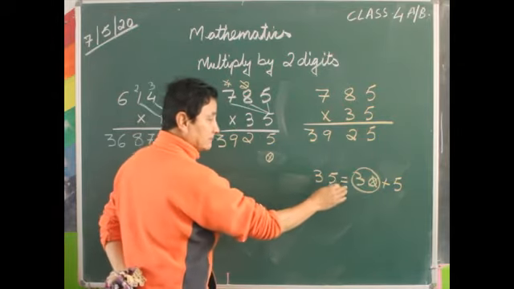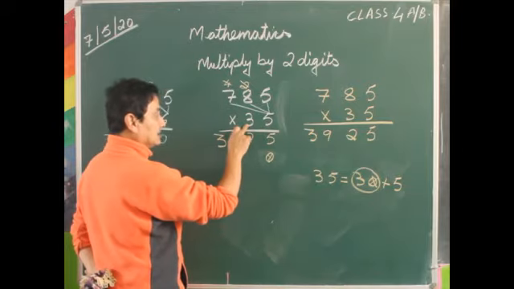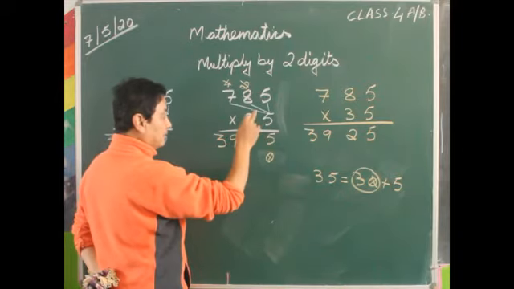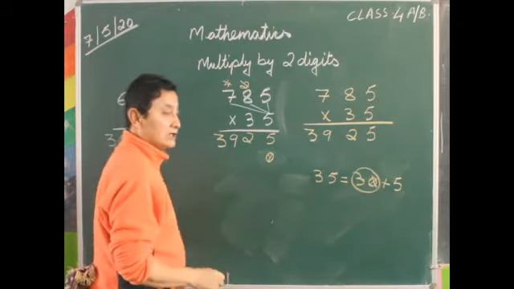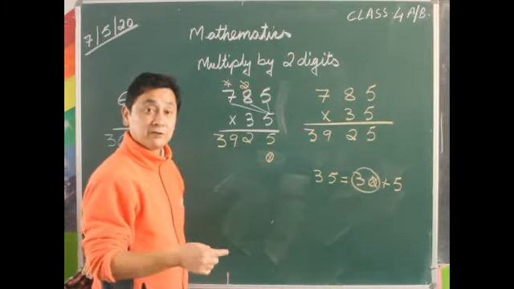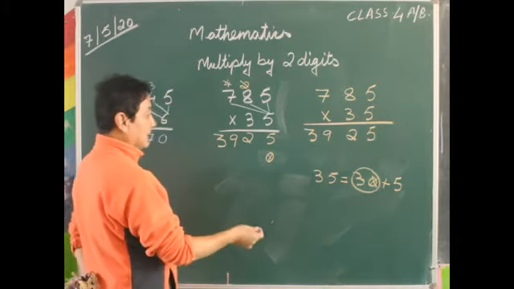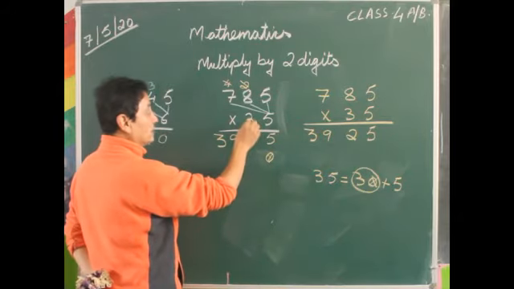Okay, children? We must put a 0 because we are multiplying with the tens. It should be 30. But we don't write 30 there, we write 3 there and we put a 0, and that is for easy multiplication. Otherwise, we'll have to multiply with 30, which is a big number.